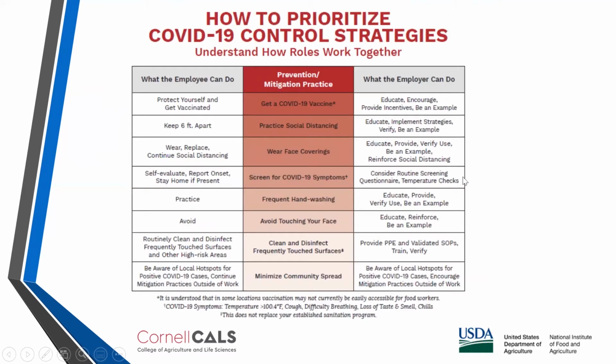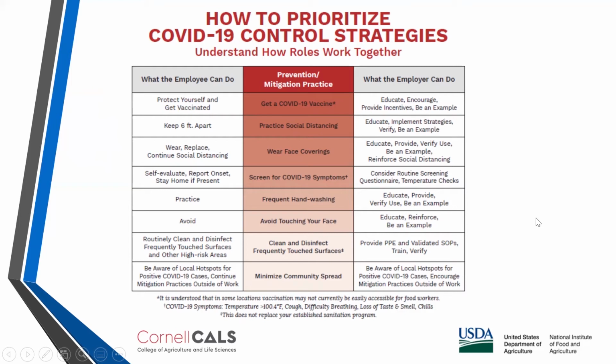So now once we have these prerequisites out of the way, we have to decide on control strategies. This is the current priority list of control strategies that we at Cornell recommend as of early June 2021.